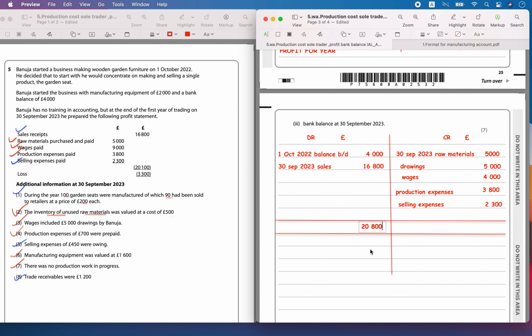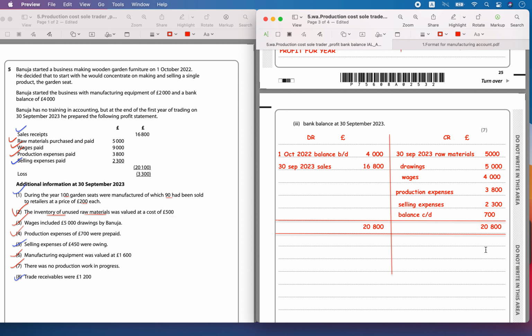If you add up the total, you get the highest on this side, so it should be the same total on the other side. The remaining you are going to adjust as a balance. So the balance carried down at the end of the month will be 20,800 minus 5,000 minus 5,000 minus 4,000 minus 3,800 minus 2,300. That is going to be equal to 700.